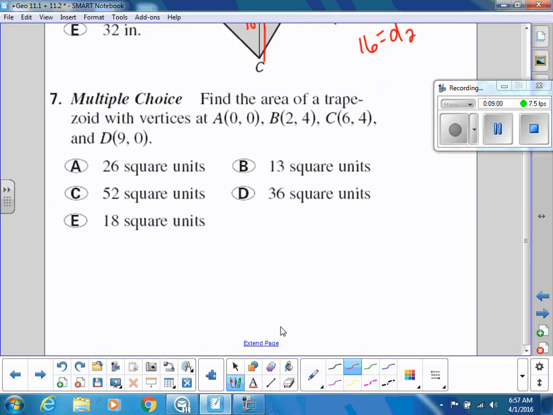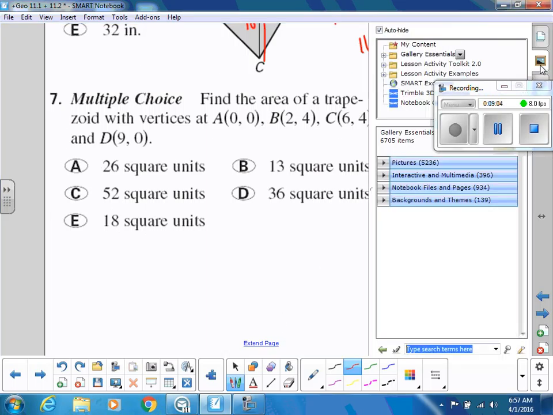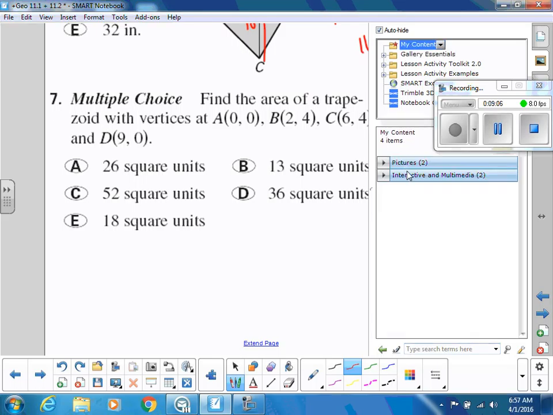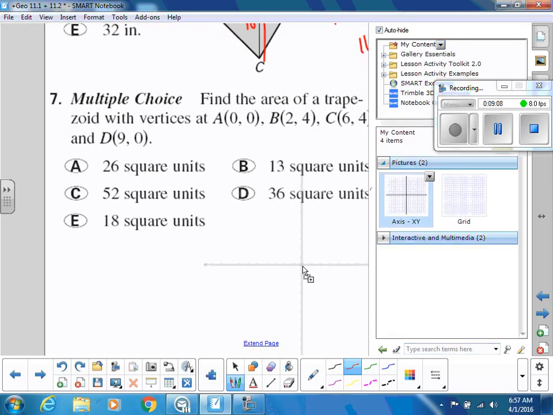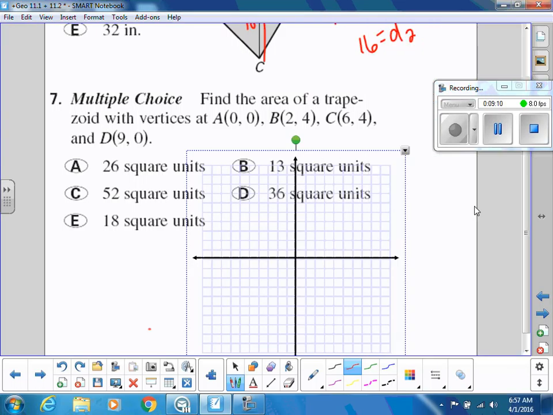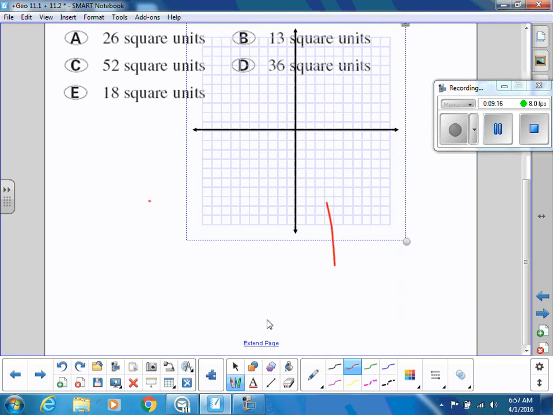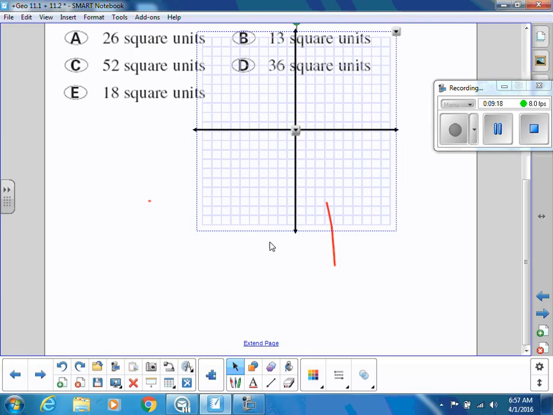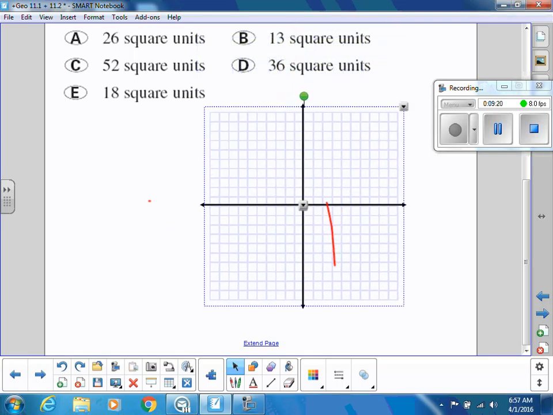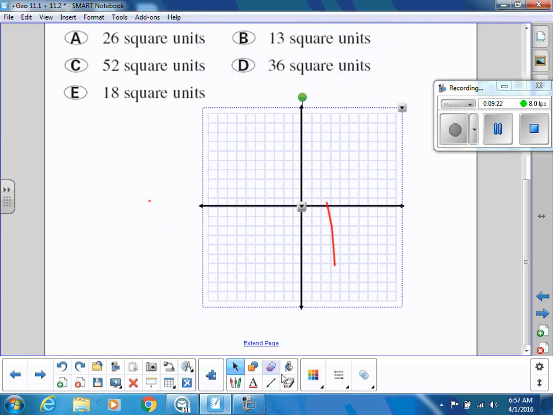All right, and then here we have find the area of a trapezoid with those vertices. So if we just kind of think about sketching that out real quick, and again, you don't have to have a grid, you can just estimate those, so we can estimate the sides and all that.